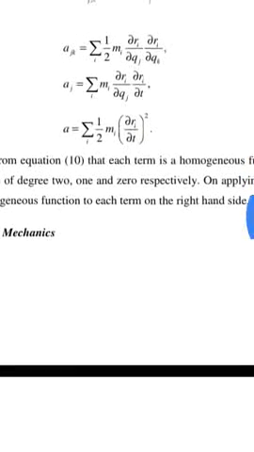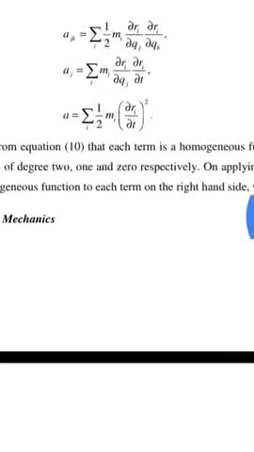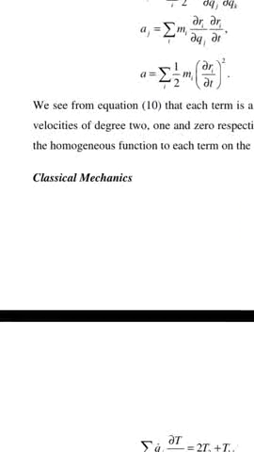Aj is equal to summation of mi dou ri by dou Qj dou ri by dou t, and A is equal to summation of 1 by 2 mi dou ri by dou t whole squared.